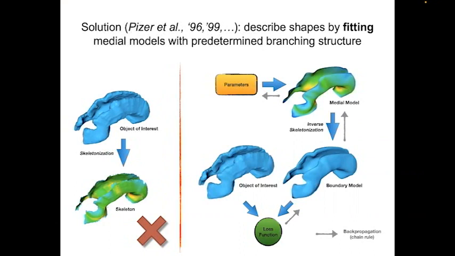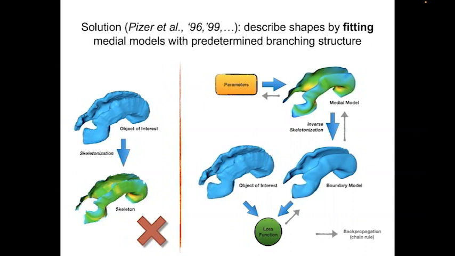So for example, here on the left, we have this blue object. This is a segmentation of the corpus callosum, a white matter structure in the brain. It has its branchy, bushy skeleton that you see down here. But here is a medial model that consists of a single parametric surface, with a corresponding boundary, such that if we were to skeletonize this boundary, we would get back as the skeleton this surface with its radius function.